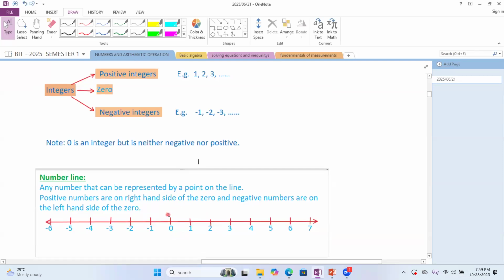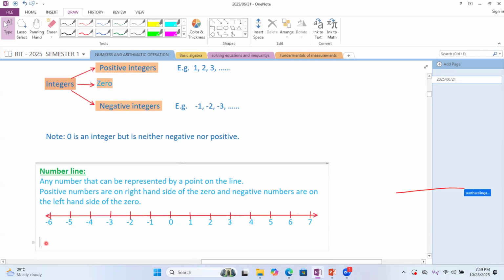For example, we can write a number, for example, A is equal to 4. And B is another number, minus 3.